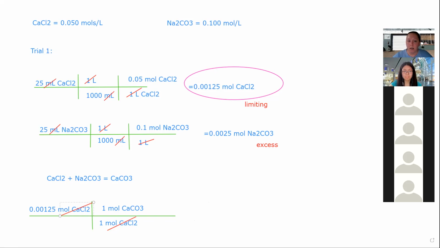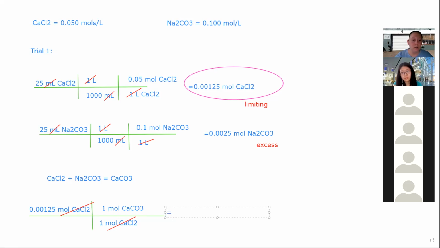But your lab report is asking for the theoretical amount in grams. So now we need to go from, well, actually, let's figure out what these moles are first. So how many moles of calcium carbonate did we make?